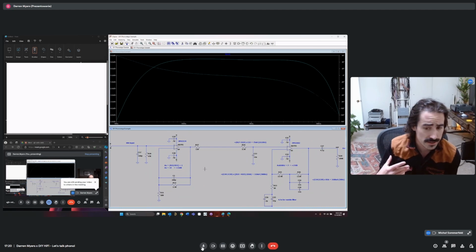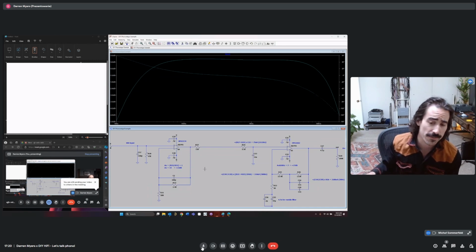So we want high open loop gain because we want to make sure that we still have adequate feedback, specifically at high frequency, where you have a lot less open loop gain than you do at low frequency. So we just want that to be as high as possible so that we still have adequate correction at high frequency.